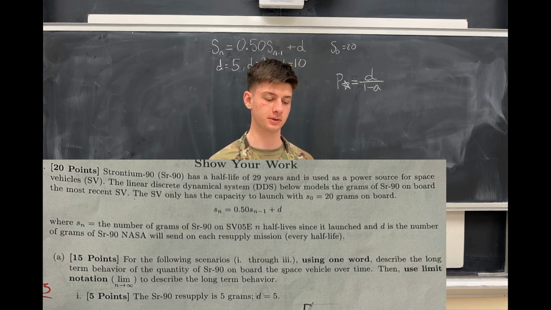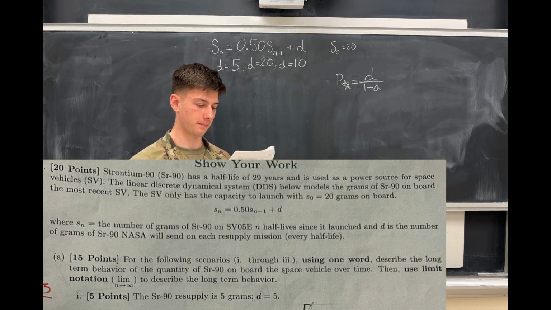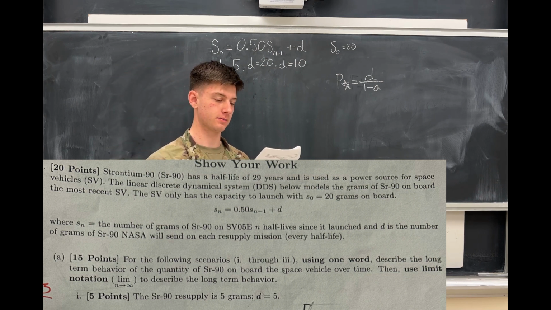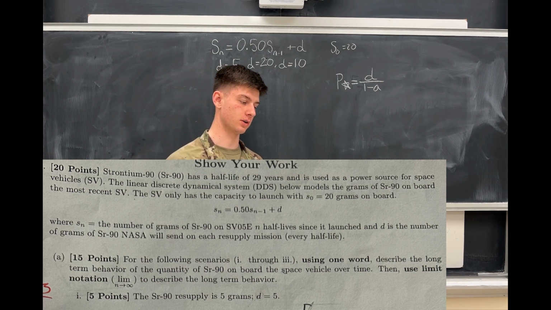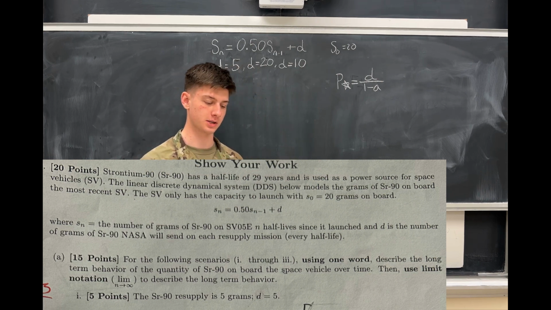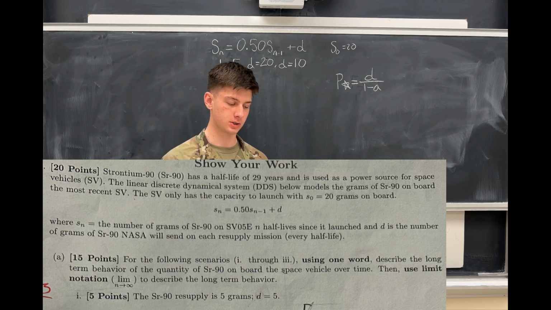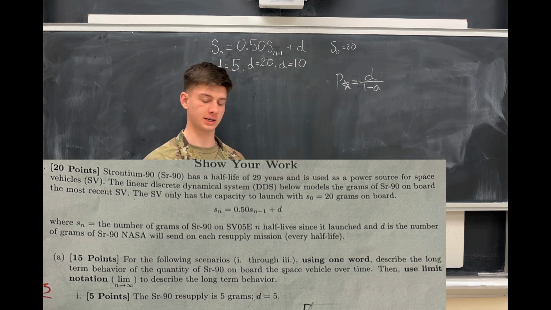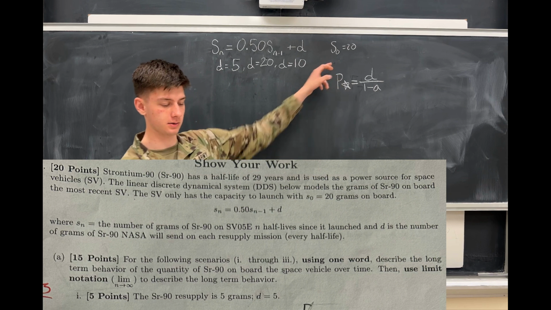The linear discrete dynamical system below, which I put right there, models the number of grams on board recent space vehicles. The space vehicle only has a capacity to launch with 20 grams on board. So, yeah, I guess that's how much S naught equals. So that's what I have. S naught equals that.